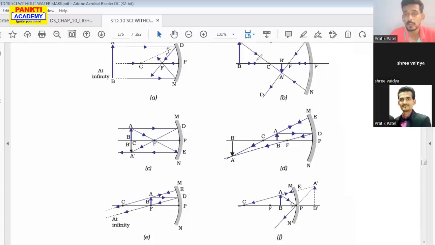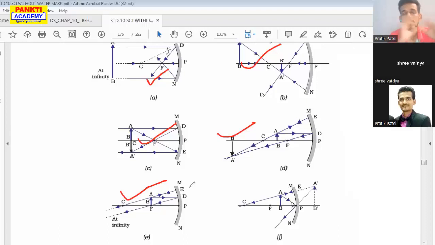In the sign convention, the left side of P always gives a negative number and the right side of P gives positive. In the first 5 cases, 1, 2, 3, 4 and 5, the image forms on the left side, so the distance is negative, and the object is always placed on the left side.